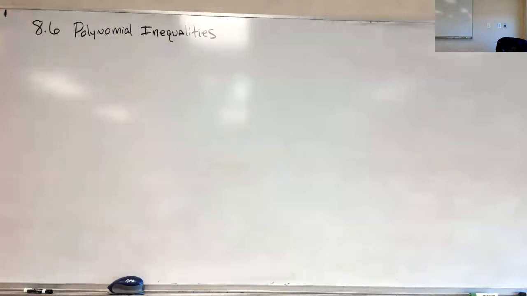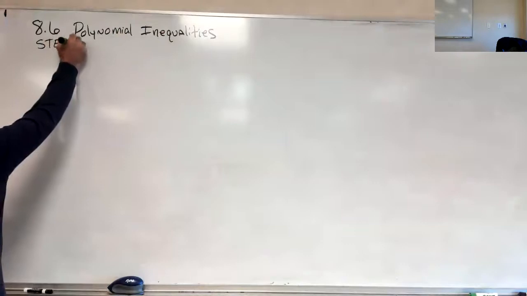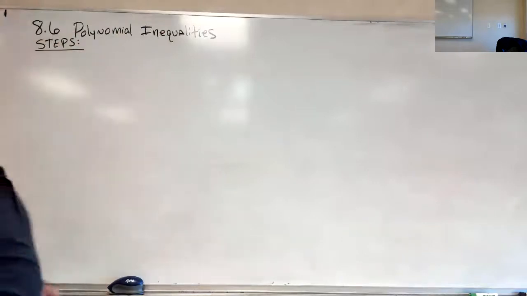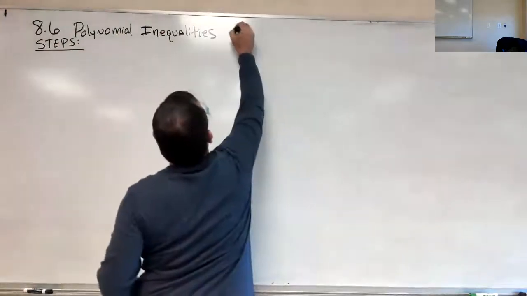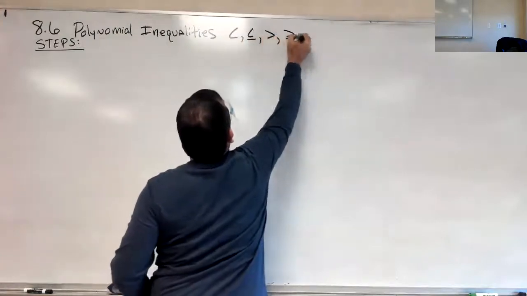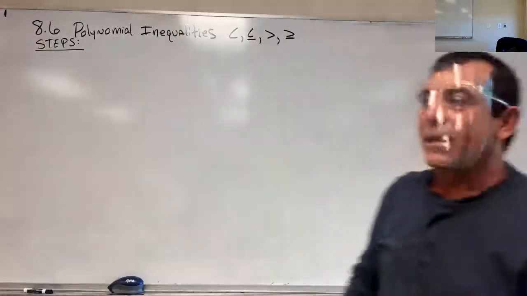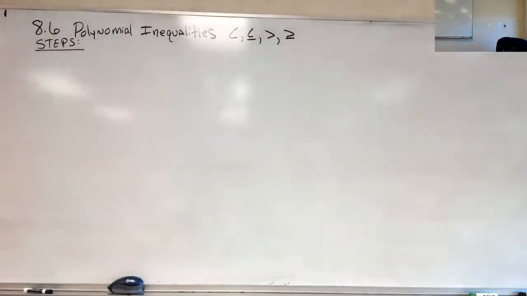So I'm going to actually put my steps down here to solving these. Remember, since we're dealing with inequalities, we're looking at solving our equation with greater than, less than, greater than or equal to, and less than or equal to. Okay?